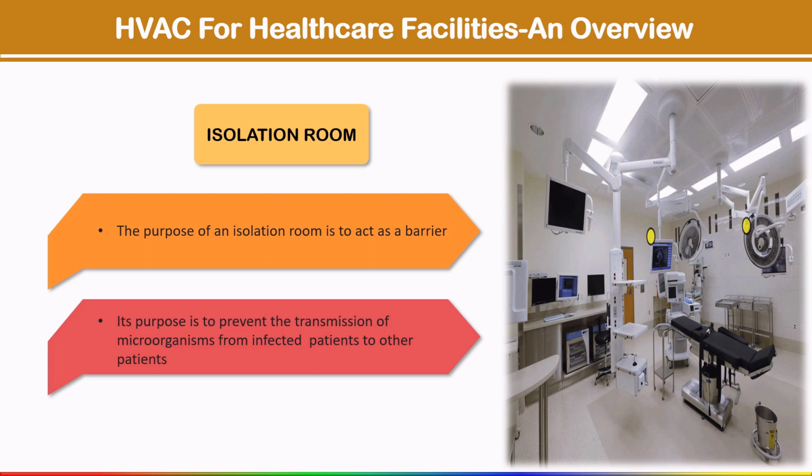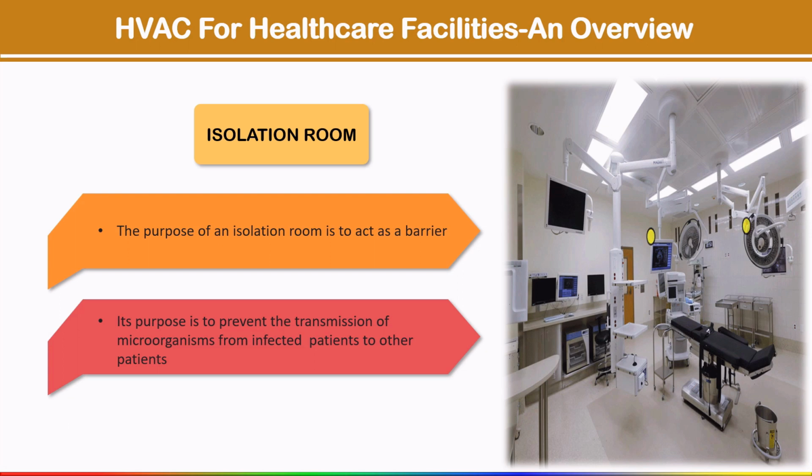Our main target is this: why is this isolation room there in hospital? Because we have to prevent the transmission of microorganisms. I have told you what microorganisms are; some make us sick, but some are important for us also. So by using an isolation room you can prevent the transmission of microorganisms from an infected patient to other patients.